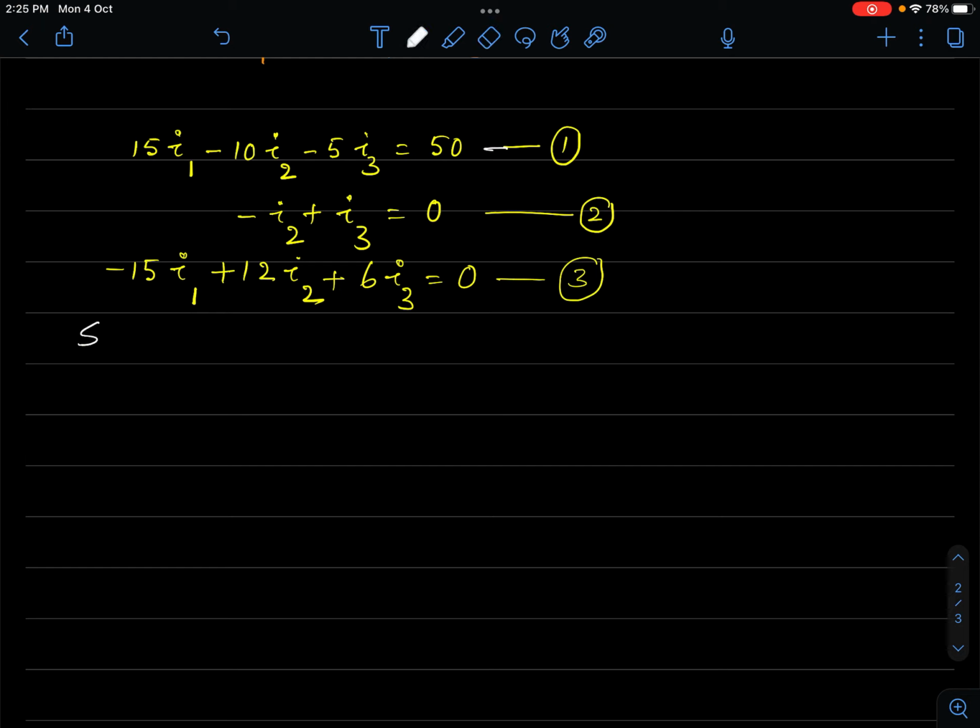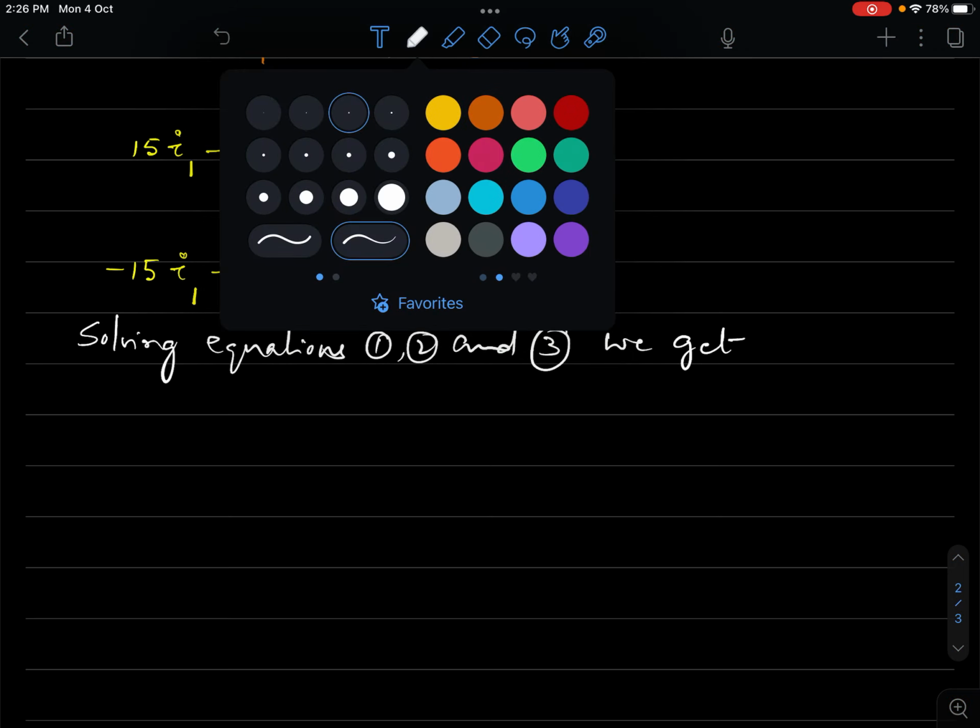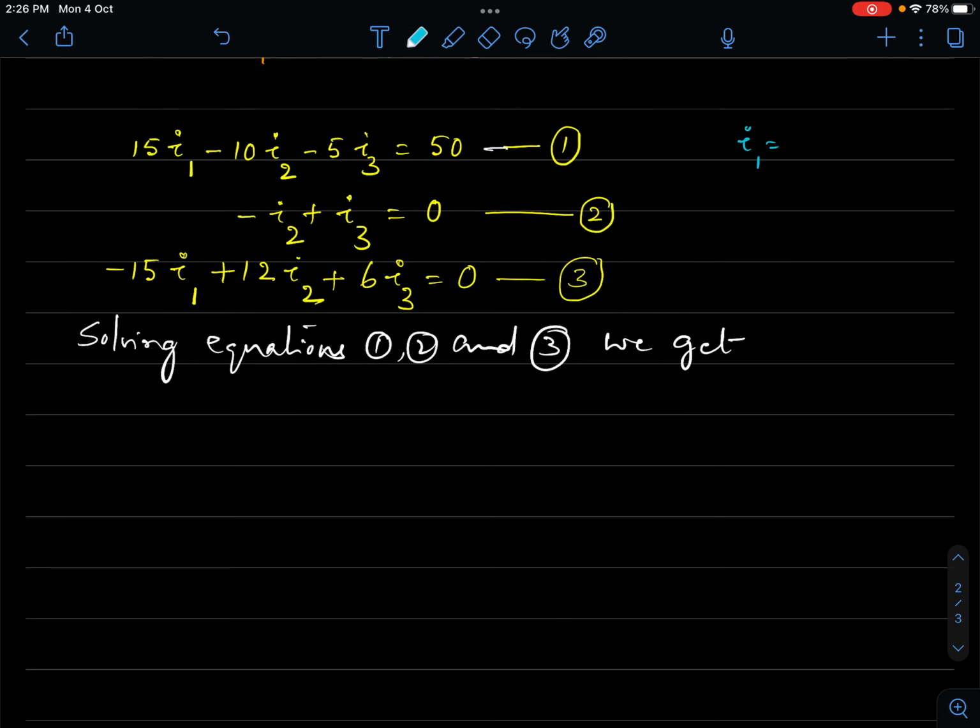Now we will solve equations 1, 2 and 3. We get, if you can feed it in the calculator, okay, you can get the results to be equal to, I will write it here, I1 equal to, you will see to it that I1 is equal to 20 ampere, I2 you have to get it as some 16 ampere, and I3 you will get it as 18 ampere.